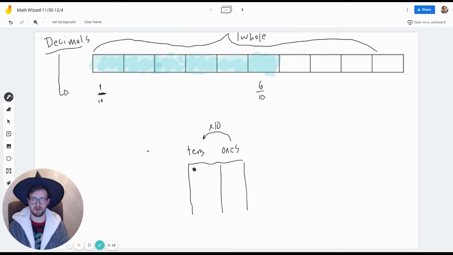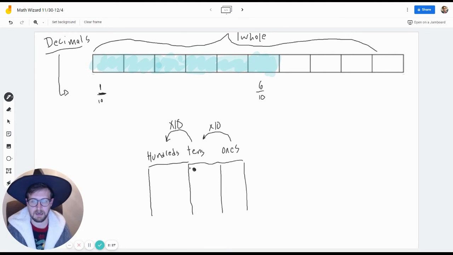And then next we have our hundreds. And in order to get from our tens to our hundreds, it's the same thing. We need 10 groups of 10 to make 100. And then to get from ones to hundreds, we'd need 100 of them, right?